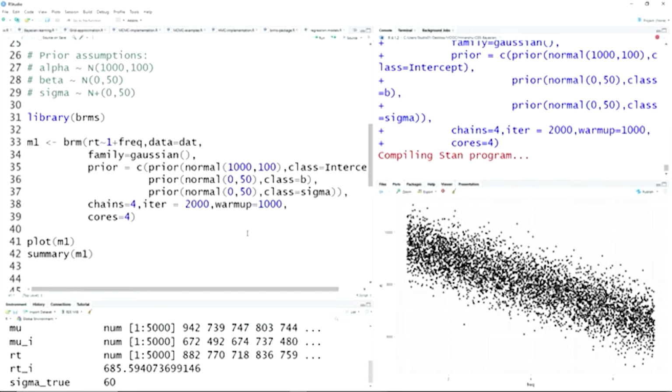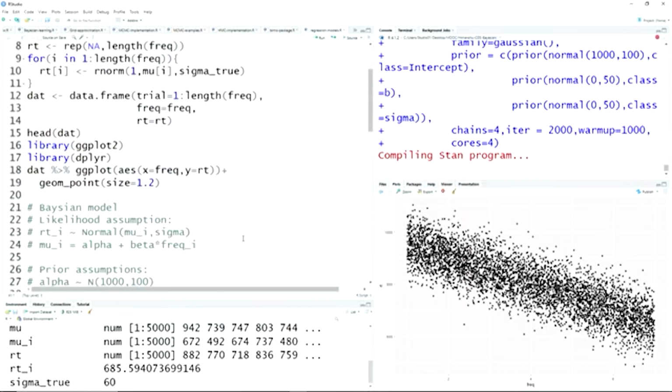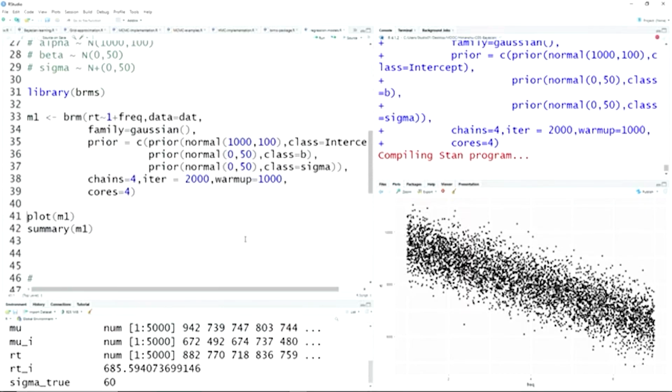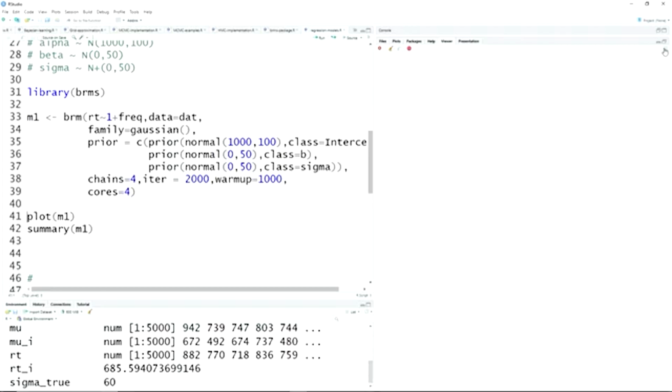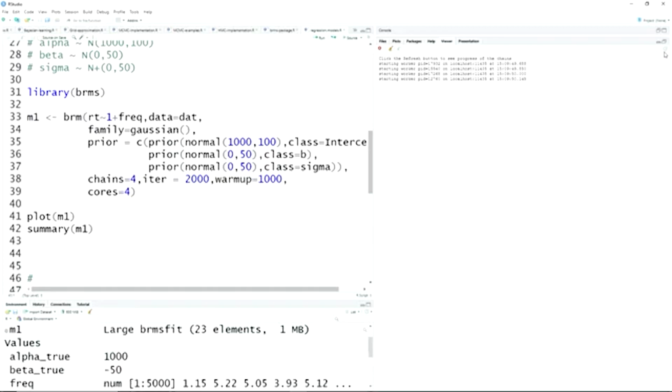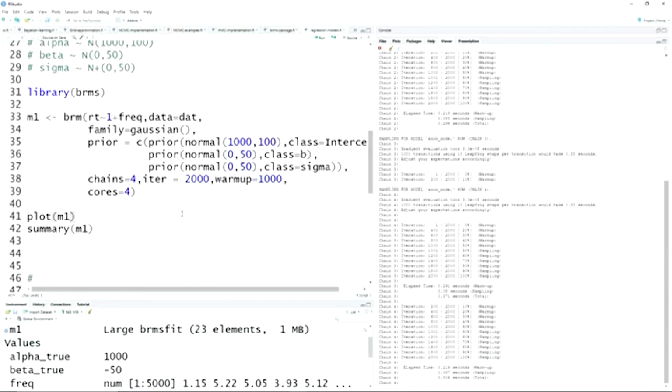It's still a very simple model, so it wouldn't take much time. So now it has started sampling. It will show the progress here. Okay, I think it's already done. It was very fast.